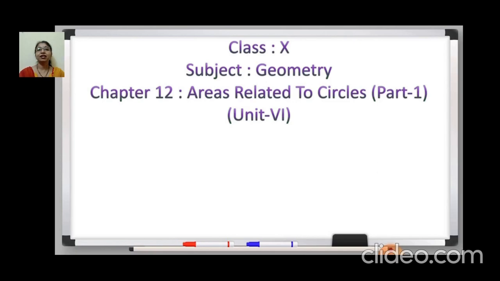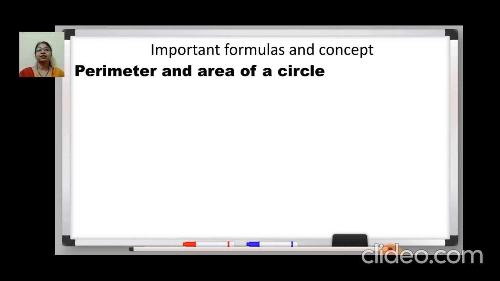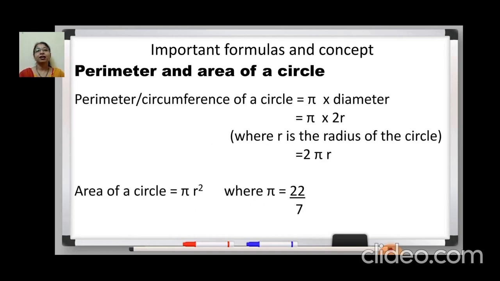Before starting, let me revise few things which you already know. Some important formulas and concepts. Perimeter and area of a circle. This you know. So perimeter of a circle is nothing but the circumference of the circle, and its formula is pi into diameter, pi into d.